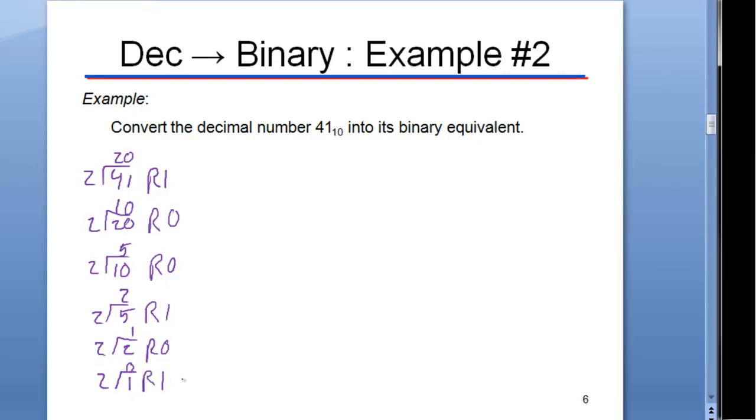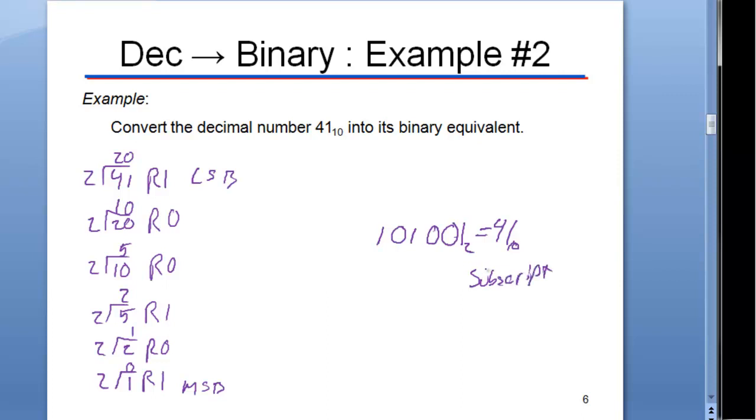And 2 into 1 is 0, remainder 1. That's basically it. Here's the most significant bit and the least significant bit, and we end up with 101001. So 101001 in base 2 is equal to 41 in base 10. You always have to have a subscript.